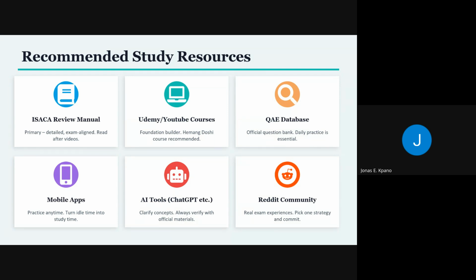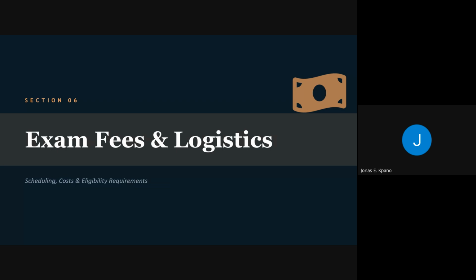So if you know that your exam date is getting close, I would really recommend that you download Reddit and join the CISA community. You'll be able to read people's raw experience, the things that they faced in their exams, the strategies that they used, and all. They can also recommend resources that you can use, and basically everything. Reddit is a very good resource when it comes to studying for your CISA exam.